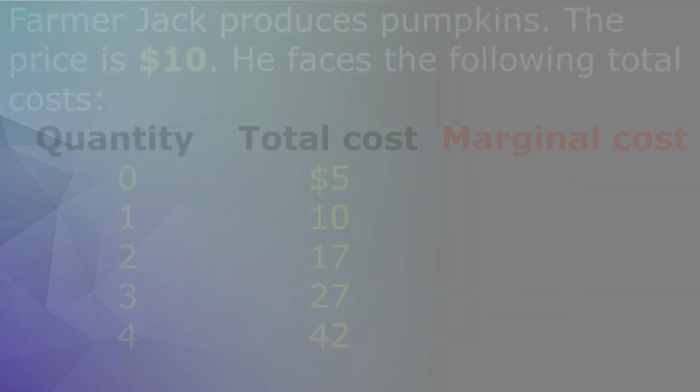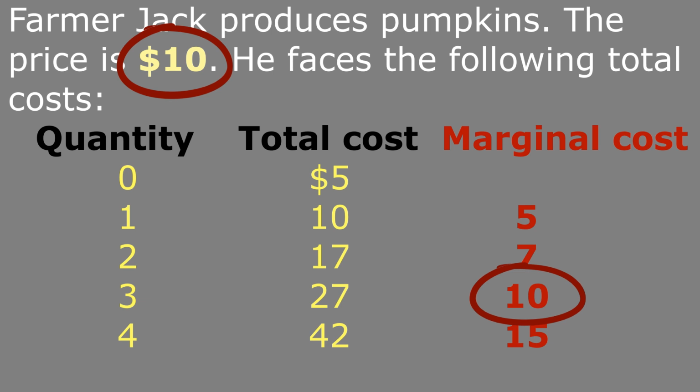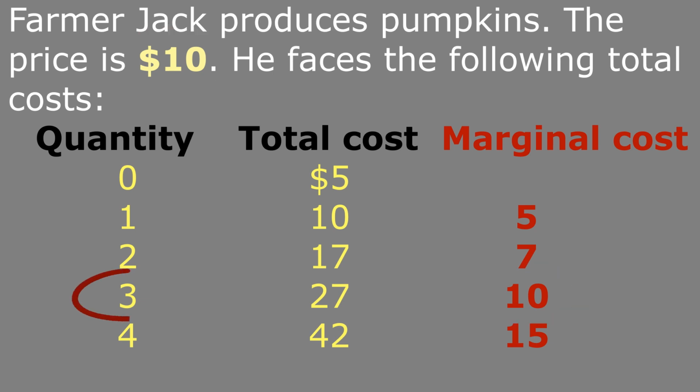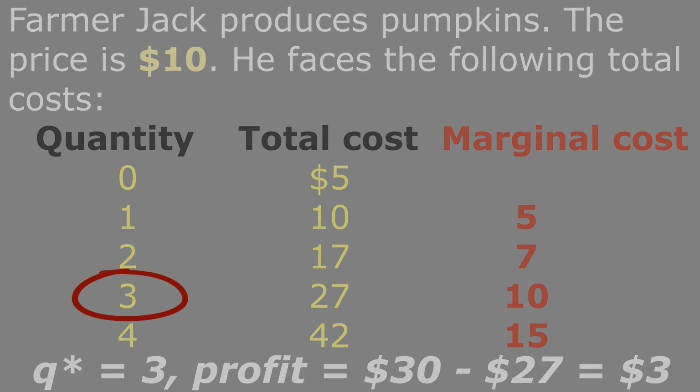So let's calculate changes in total cost, differences in total cost. 10 minus 5 is 5, 17 minus 10 is 7, 27 minus 17 is 10, and 42 minus 27 is 15. The price is $10 and marginal cost equals 10 at the quantity of 3 units. Therefore, the profit maximizing quantity equals 3 units. And at this quantity, the firm will make the profit of $3.